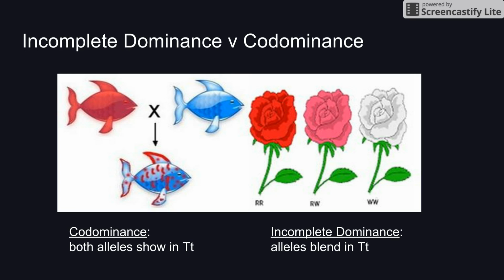But when you have that heterozygous genotype, both alleles show together. Over here on the right side we have incomplete dominance. And in this one, that heterozygous individual shows the blended color or the blended shape or whatever you're looking at, it's a blend. Or you could say it's an intermediate or middle phenotype.